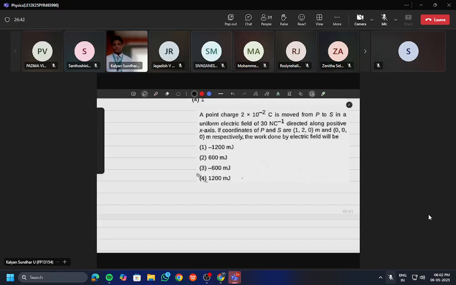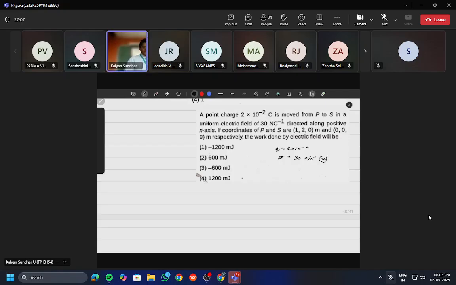Third option will be correct. Right. So here they have given the charge value as 2 into 10 to the power minus 2, and the electric field is 30 Newton per coulomb along the x-axis.